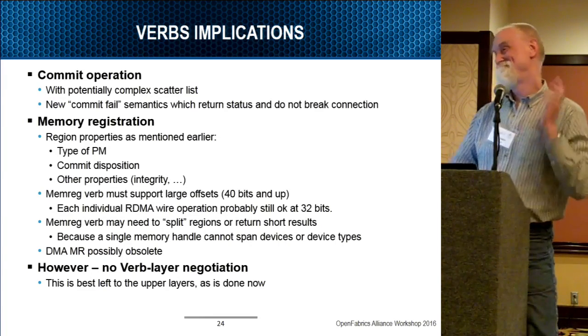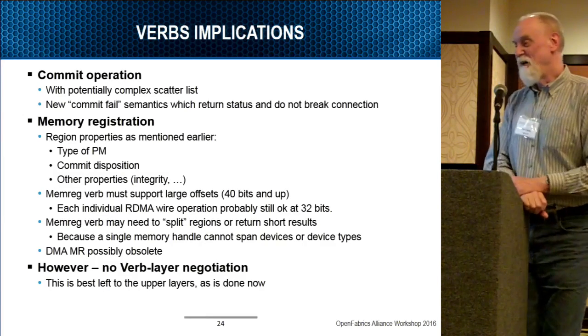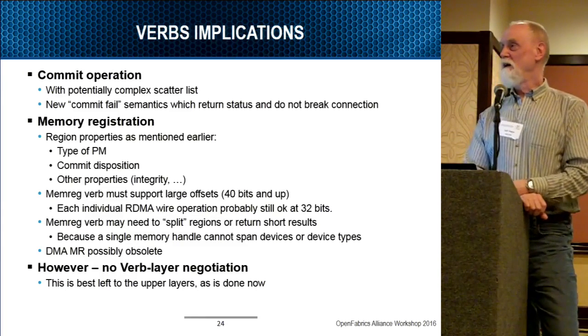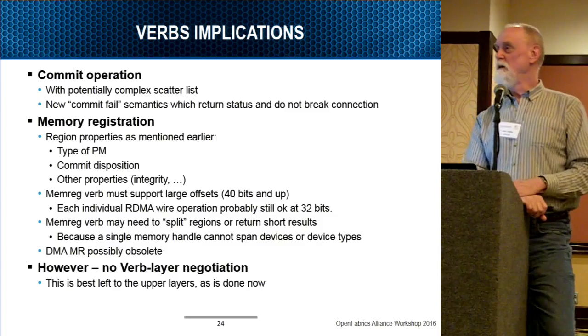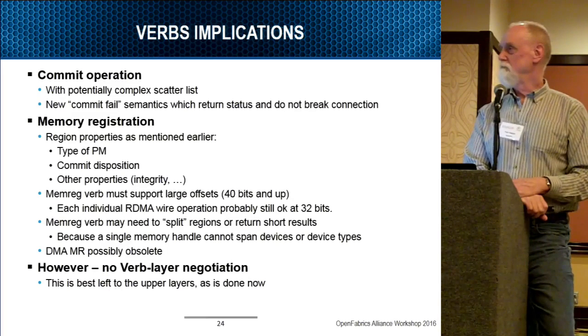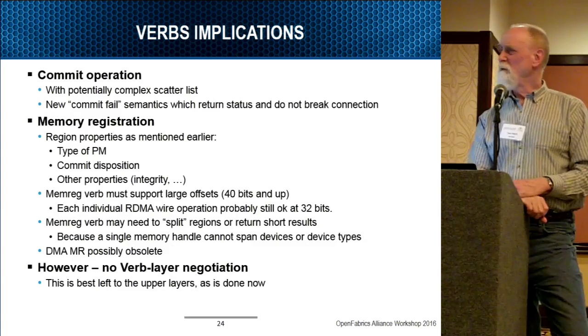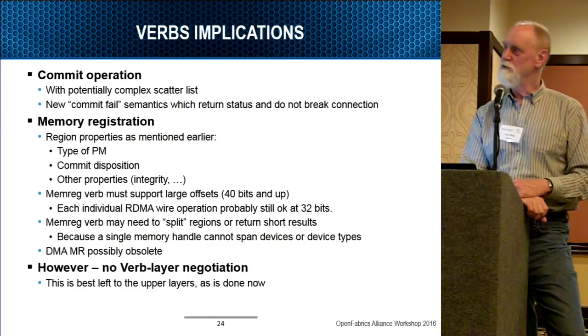I don't know. I think that's a hardware implementation question that the industry may want to think about. If it's really hard for network and RDMA adapters to do this, right? Maybe that's something that shouldn't be required. Maybe an IOMMU can help with this. I don't know. There are other ways to create virtually contiguous regions out of physically discontiguous regions.